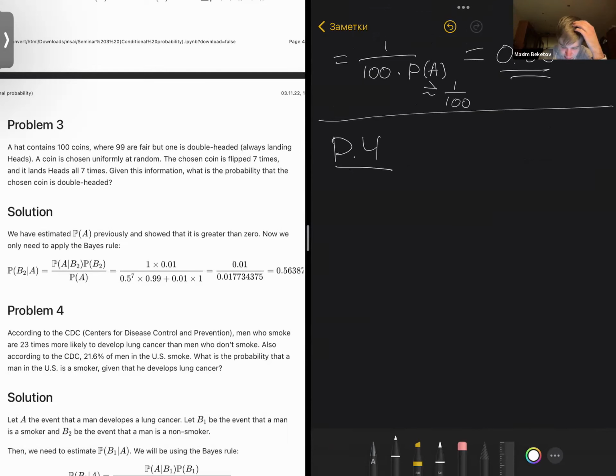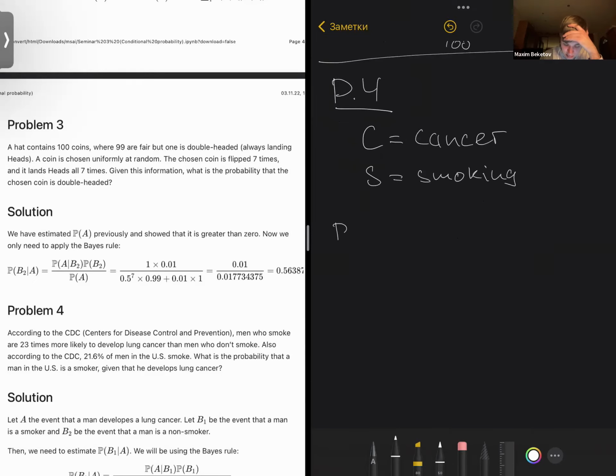And so let me say that I have event C, which is for cancer, and S would be smoking. Okay. So we know that P of C given S is 23 times P of C given the complement of smoking.